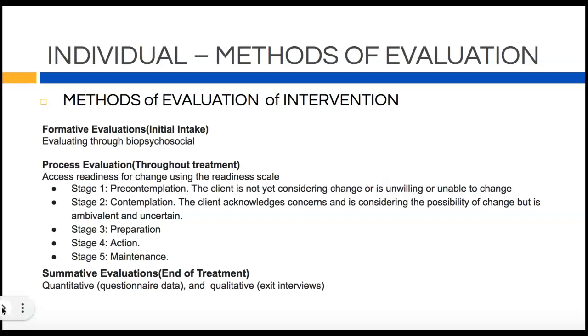So we're having a starting point through formative evaluations. Throughout the treatment, which will be ongoing until discharge, we're going to assess the readiness of the participant using the readiness scale. And there are 5 stages in this. It's pre-contemplation, contemplation, preparation, action, and maintenance.